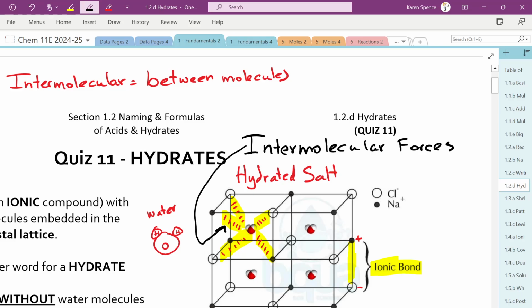Because intermolecular forces is a huge long word and it's tiring to write, we will often abbreviate it IMFs. So an IMF is an intermolecular force.